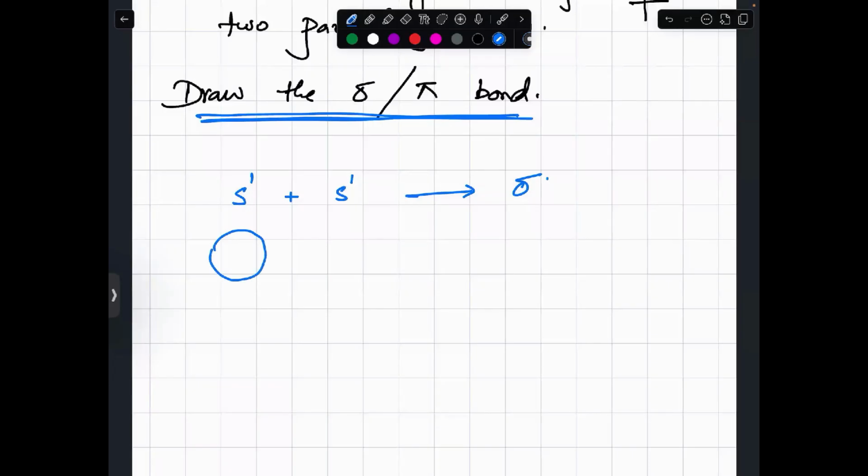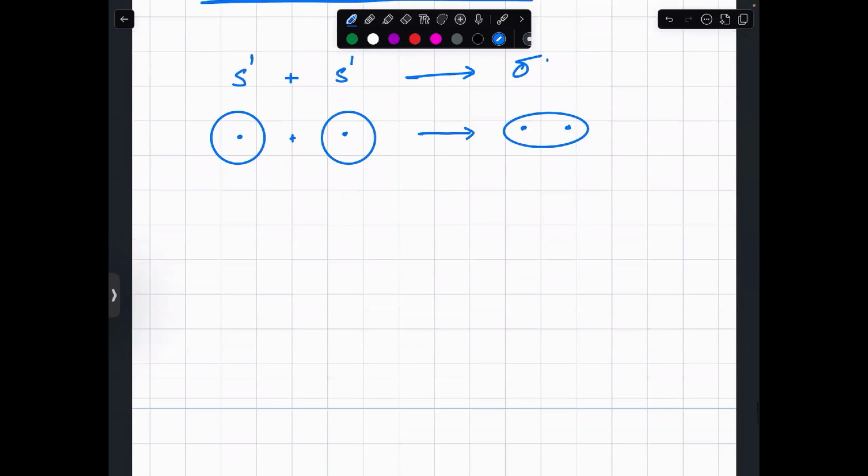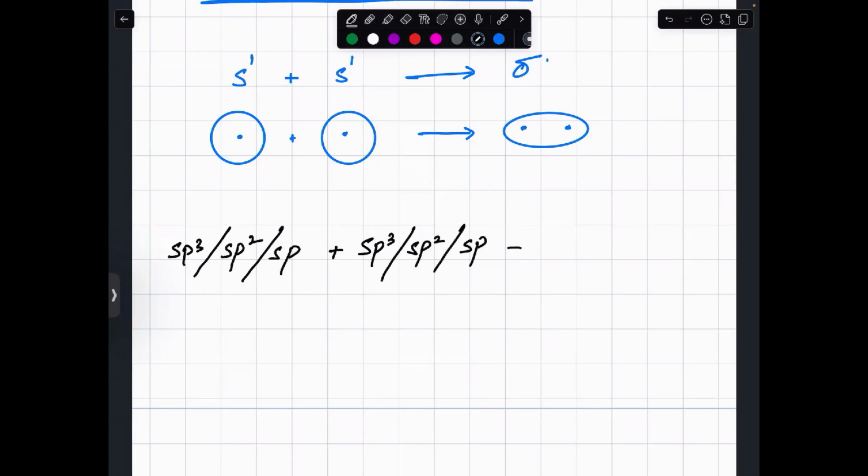This is your s, and when they overlap they make this. Now if any of sp3, sp2, sp overlaps with sp3, sp2, sp, they will make a sigma bond.